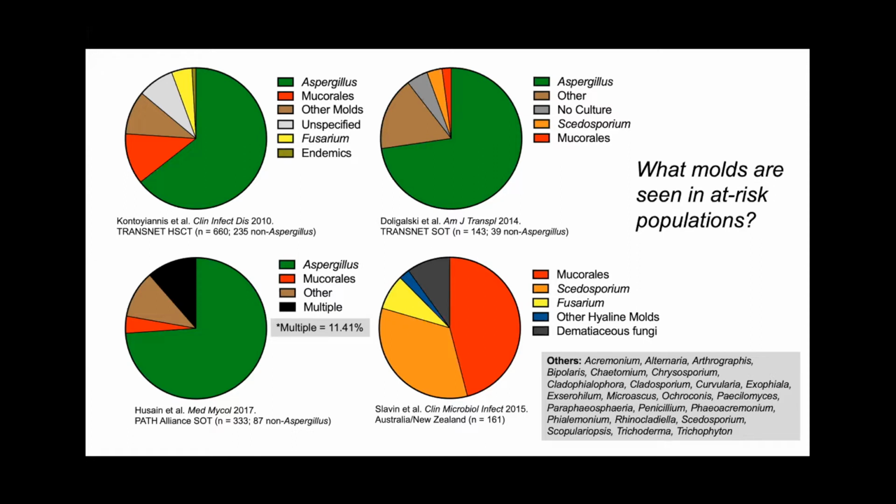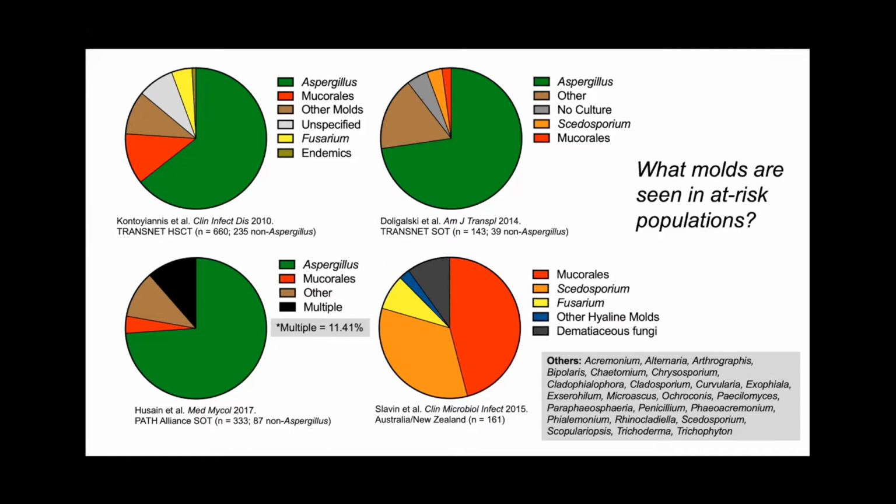However, in each of those, there was a mixture of other molds that were associated with infections, including members of the Mucorales, Fusarium, Scedosporium, endemic fungi, as well as what was called the other mold group. And that other mold group was actually quite a broad category, as shown toward the bottom right of the slide within the gray box. I think you can appreciate there were numerous different genera that were cultured from these patients.